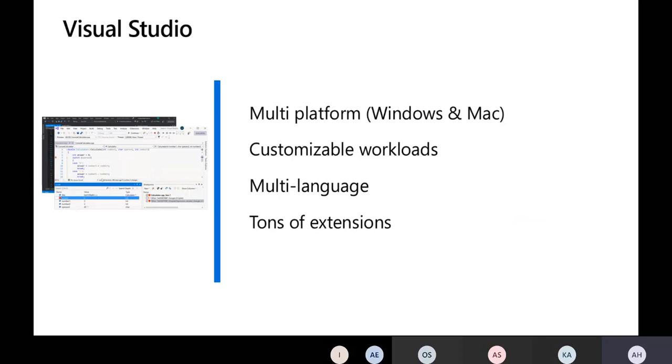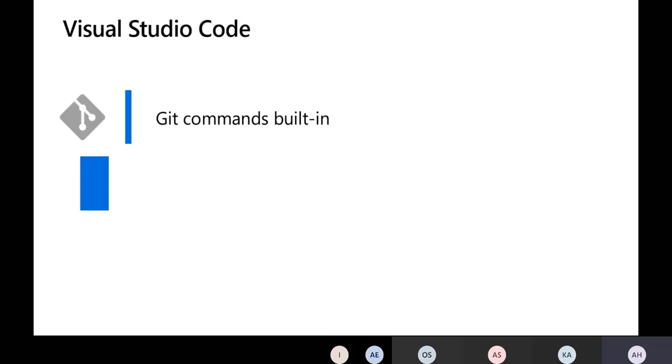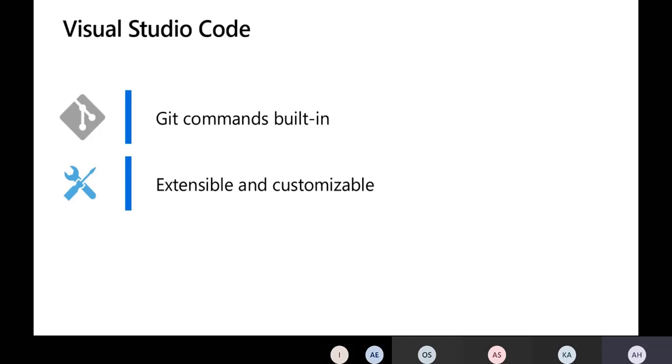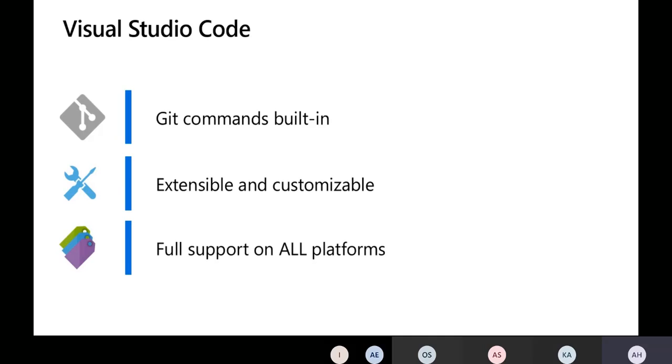You get tons of different extensions from different platforms, and you can share all that directly to Azure, to, for example, GitHub platforms, etc. There's also Visual Studio Code, which is an application that has Git commands built in. It's extensible, also customizable, and also supports all the application programming languages that you might want to support.